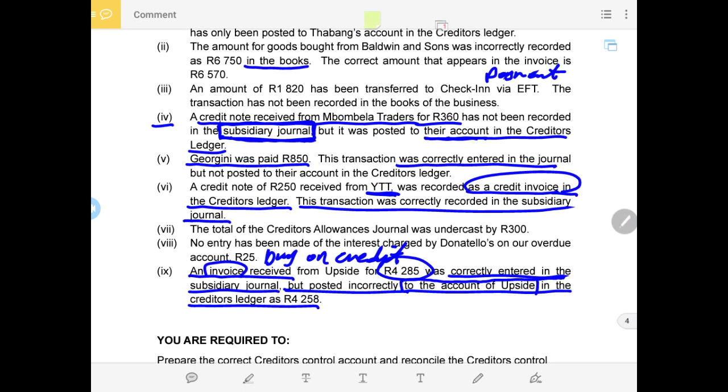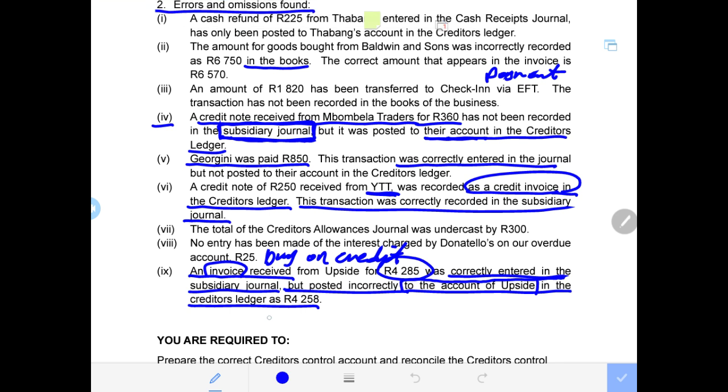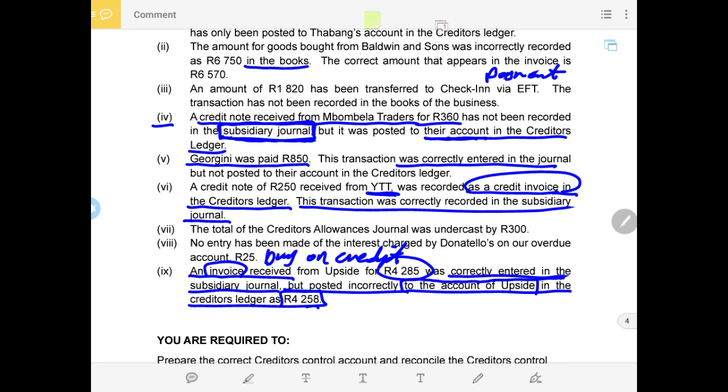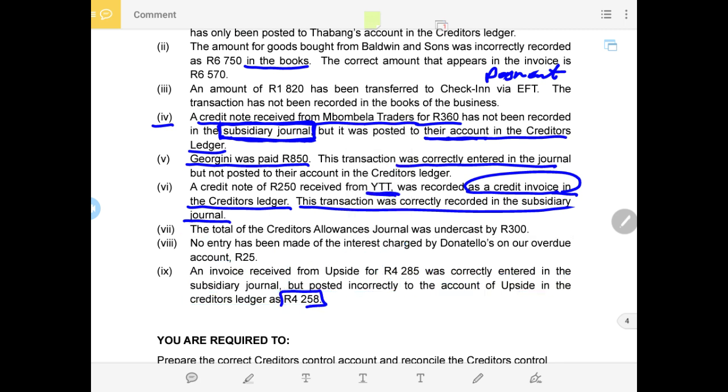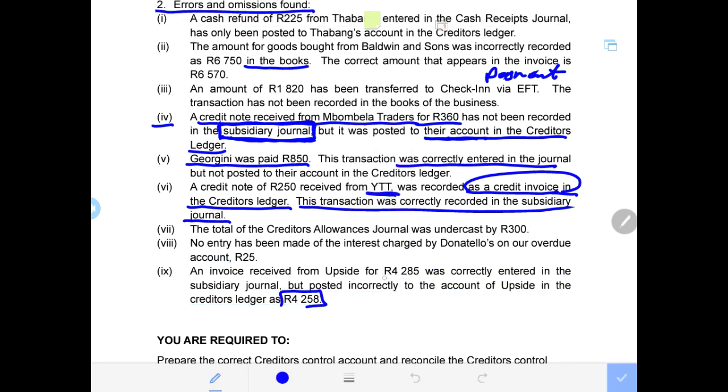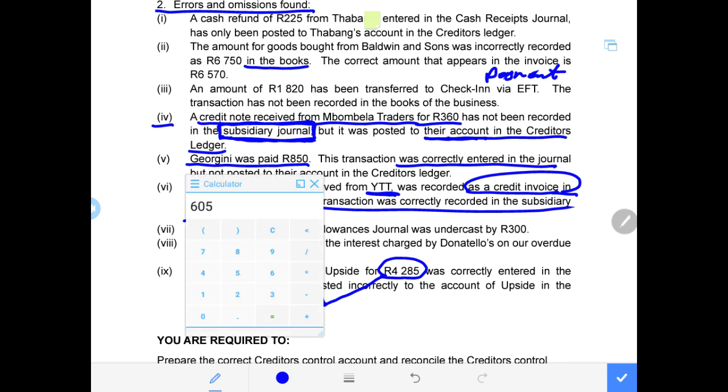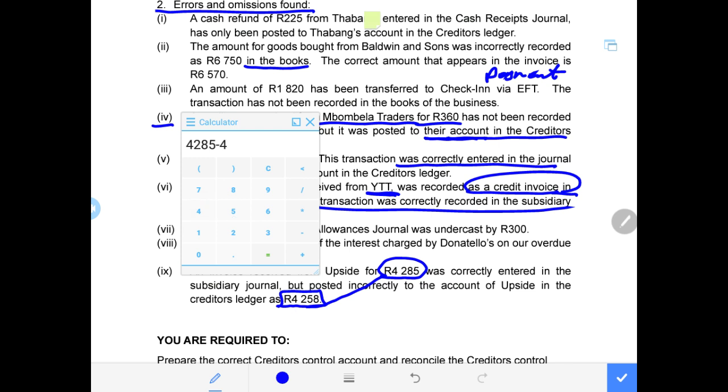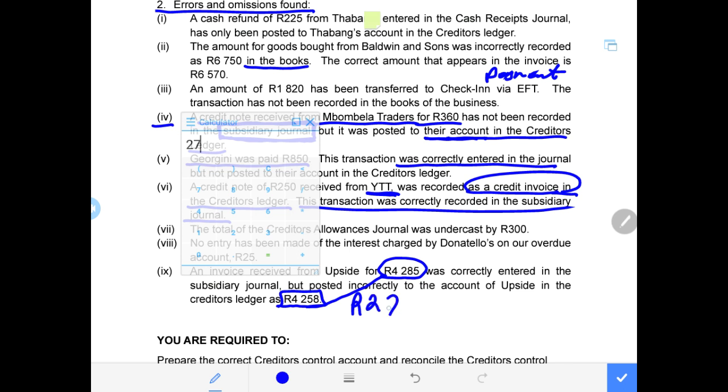Let me just verify the Upside ledger. It was recorded as 4,258. The amount is incorrect. So Upside for 4,285 was recorded incorrectly as 4,258. So the error is in the amount in here. 4,285 minus 4,258, the difference is 27 rand.